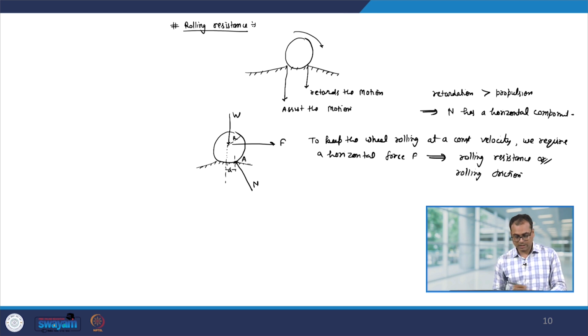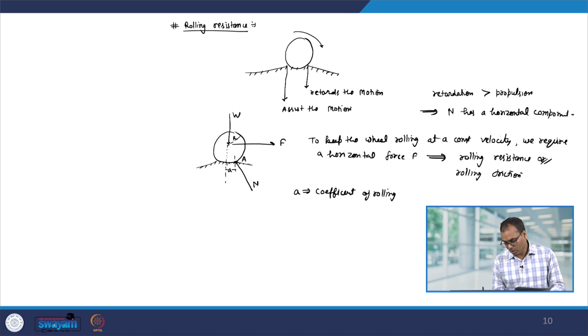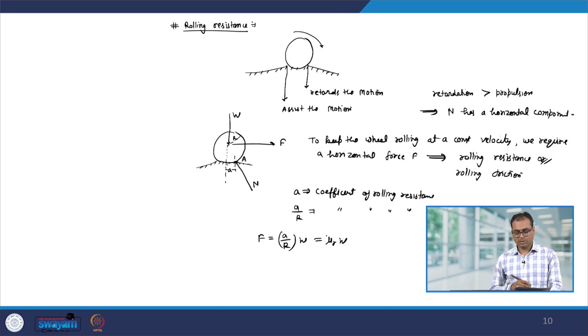So, let us say this is A, then a by R is called the coefficient of rolling resistance, and the value of F comes out to be a over R into W or mu R into W, where mu R is the rolling resistance coefficient. With this, let me stop here.